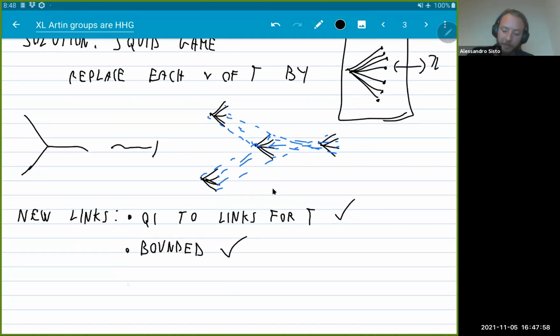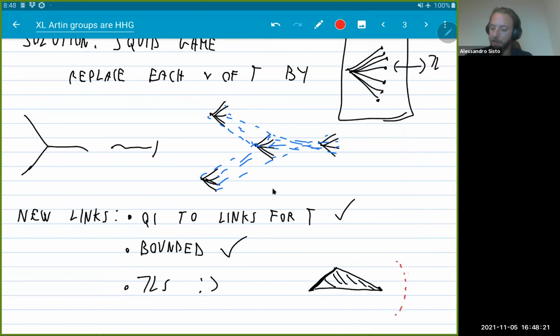And then basically what we force is to have the Z's as links. So you take one squid, a tentacle of a squid, and then connect it with the head of the other squid, and then the link of this is the Z, by the way I constructed the graph.